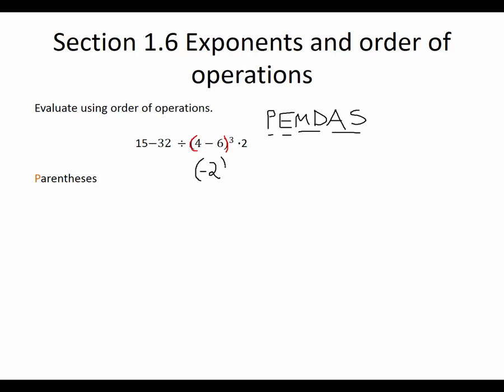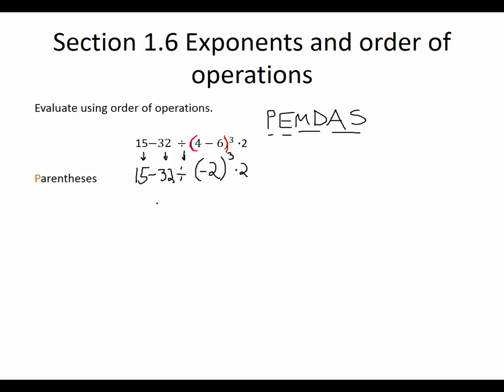I'm going to leave them there just so that I remember that the minus sign belongs to the 2, because I remember from the previous slide that that makes a difference for exponents. So the negative 2 is my base here. I'm going to bring down the exponent of 3, the times 2, and all these other symbols. So the divided by, this negative 32, and the 15 are all going to come down. And I'm just going to write them down on the next line.